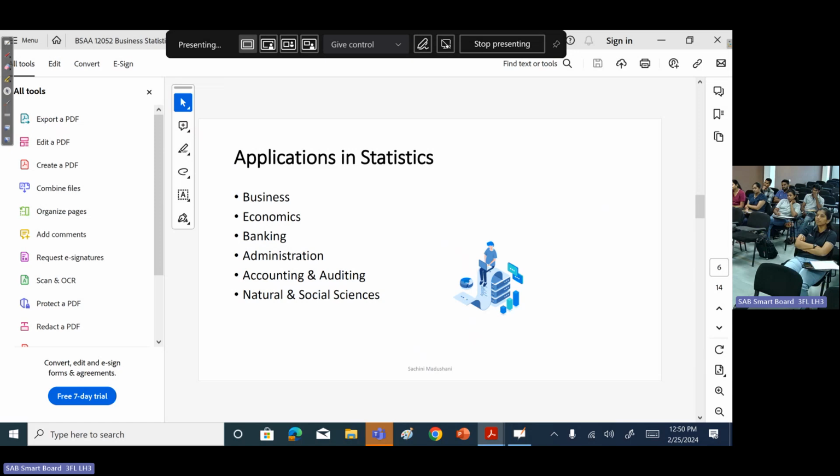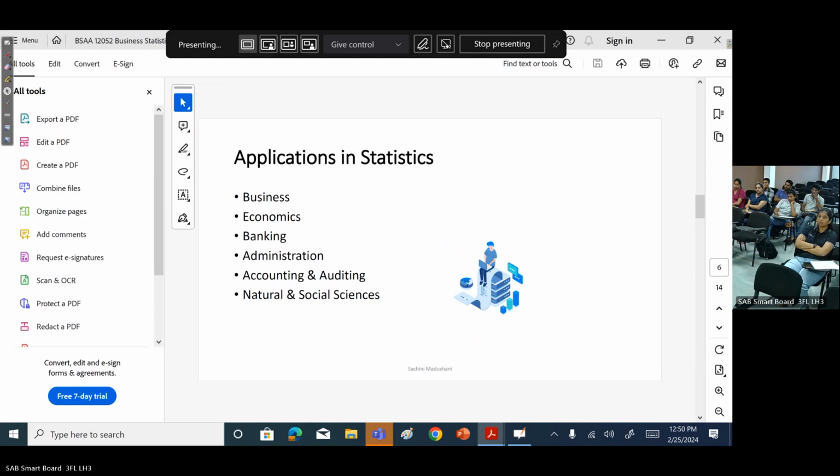applications in statistics. Okay. Then based on that, think why we study statistics. These are the reasons for that. These are the practical applications of statistics. Understood? Then what is the first one? Business.